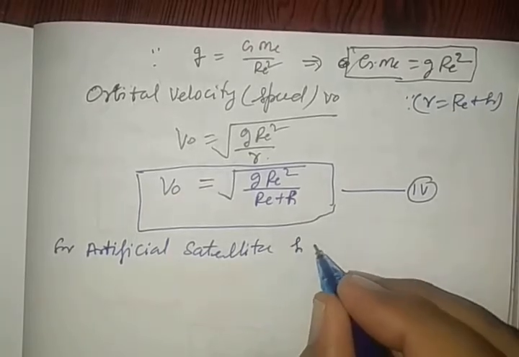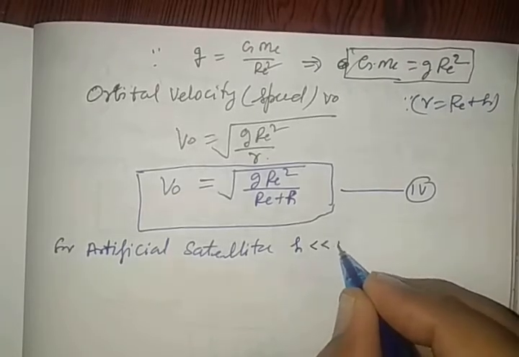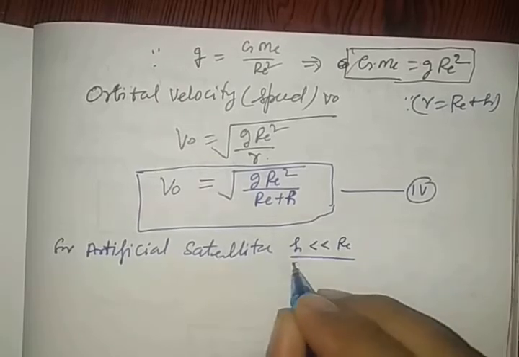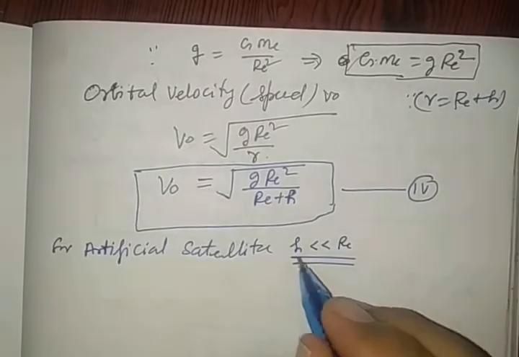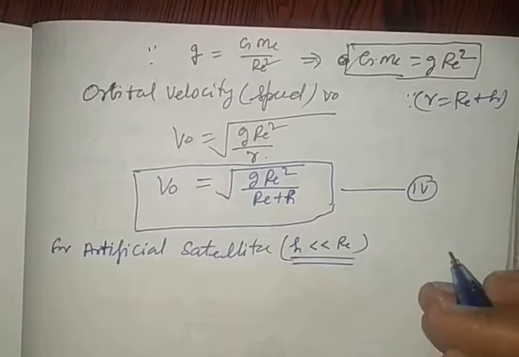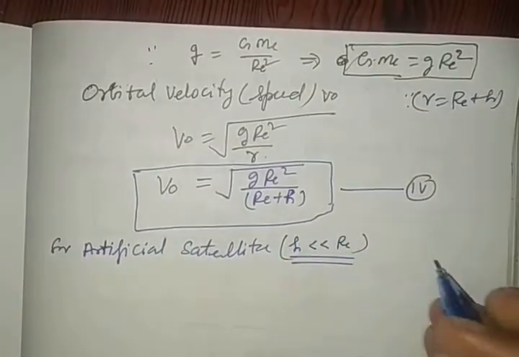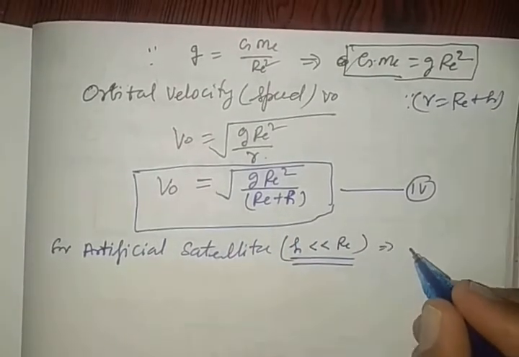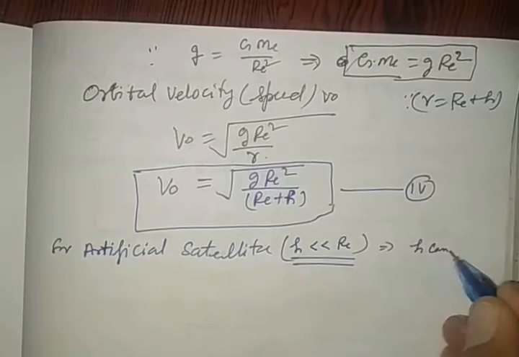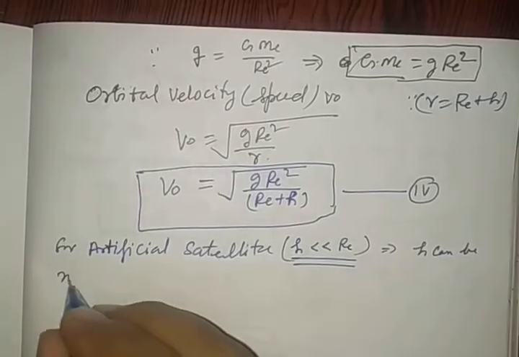If h, the height of the satellite, is very much less than the radius of Earth, then in our formula h can be neglected.